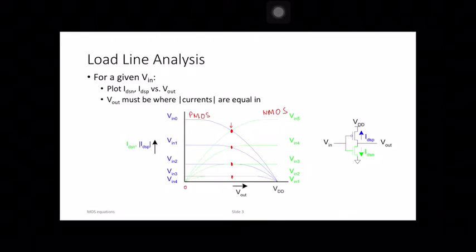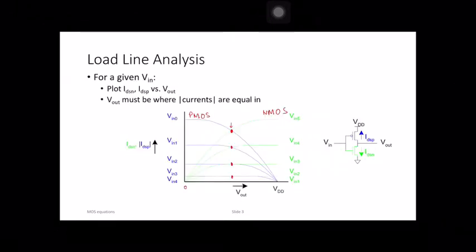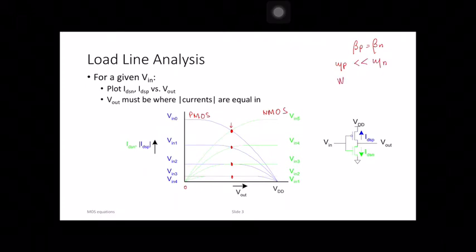In order to have a good intersection here, we want beta P equals beta N. In this case, mu P is much lower than mu N, so therefore you have to increase WP to be much bigger than WN.